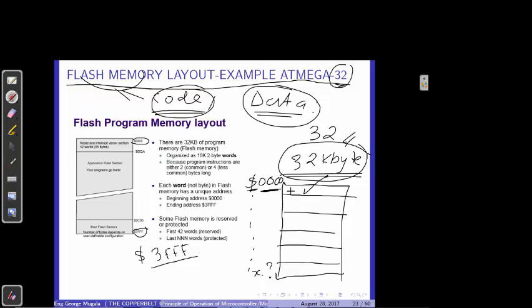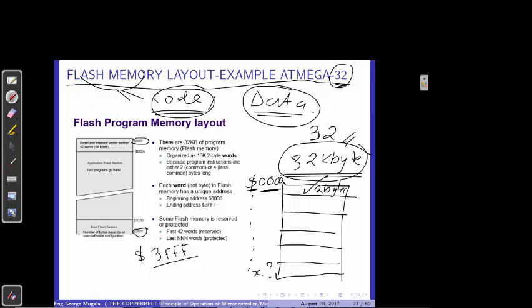Apparently when we talk about this flash memory, it is word addressable. Each cell is 2 bytes long. That's how big each cell is. So each cell is packaged as 2 bytes, 2 bytes, 2 bytes.